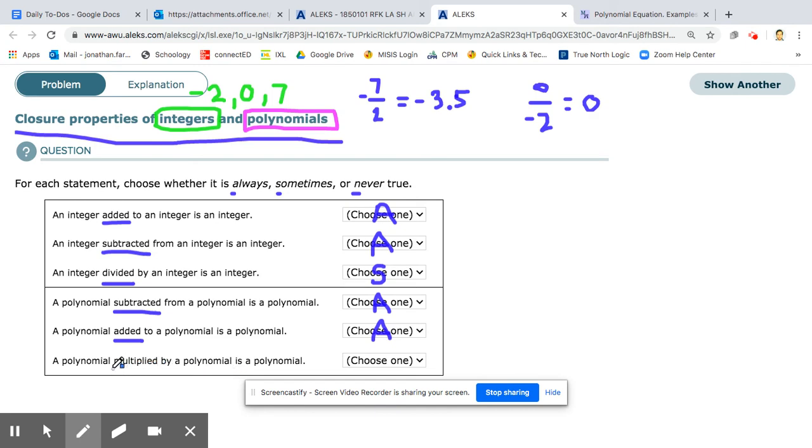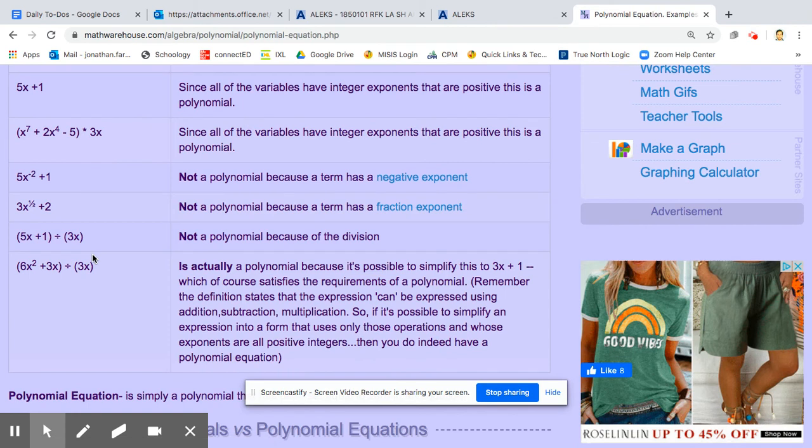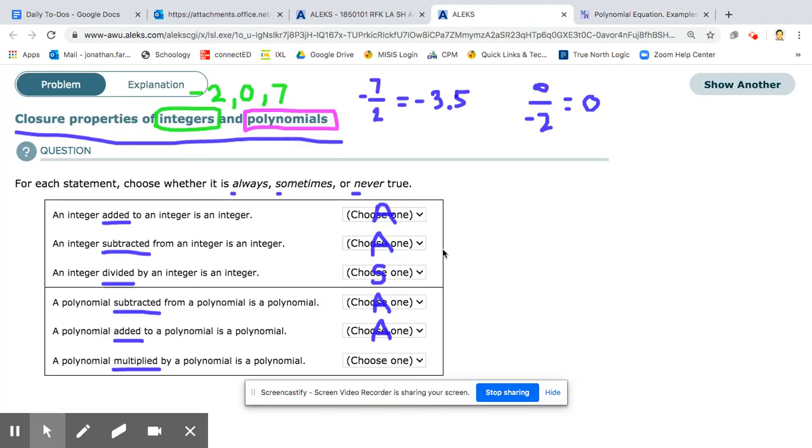And they also are closed under multiplication, because you remember that example we had before, when we're multiplying these polynomials right here, we're still getting a polynomial, right? We can actually do this problem. 3 times x would be 3x to the 8th power plus 6x to the 5th power minus 15x, and that's still a polynomial. So they are closed under multiplication, just not division.